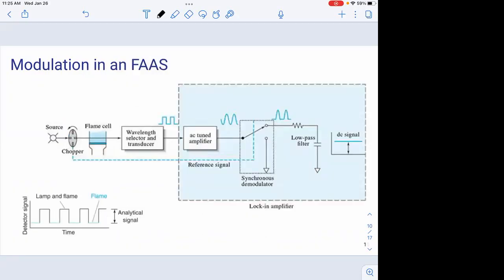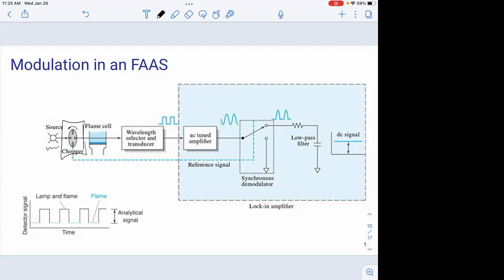All right, so here's an instrument schematic for a flame atomic absorption spectrometer. It has a light source, and it has a chopper right after that light source, so this should match up with what I was just saying. The next thing that happens in a FAAS is, of course, you need the F, the flame. You will have a wavelength selector and transducer.